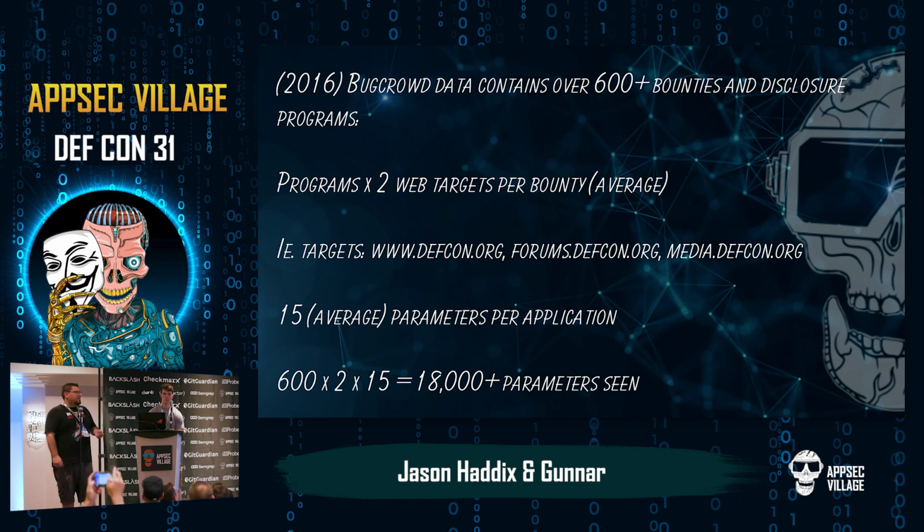Each target had about 15 average parameters per application, and many had many, many more. So we saw approximately 18,000 parameters with vulnerabilities on them in this data set, which is probably the biggest data set that's ever been parsed for vulnerability research in web before.